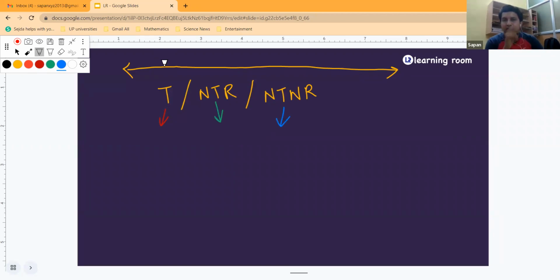Now, if you imagine, the whole number line will be composed of red, green, and blue dots. Yes, sir. So it will look something like the pixels on the TV.